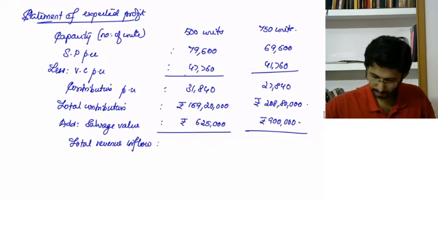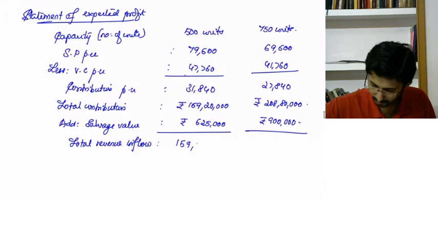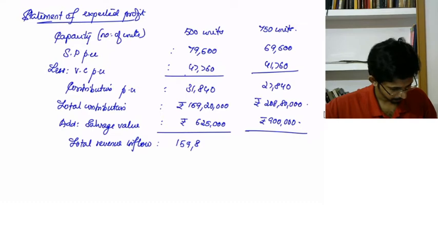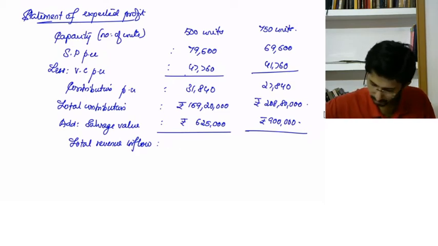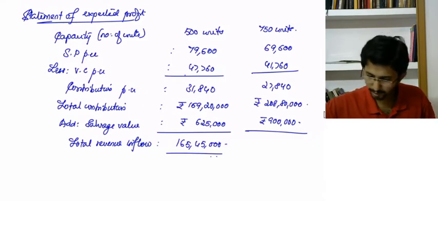1,59,20,000 plus 6,25,000. So it is 1,65,45,000, and here it is 2,08,80,000 plus 9 lakh.